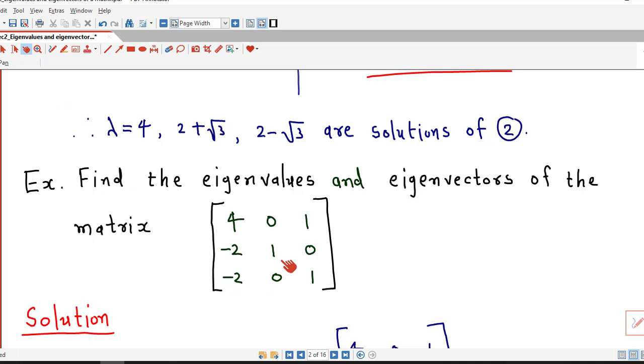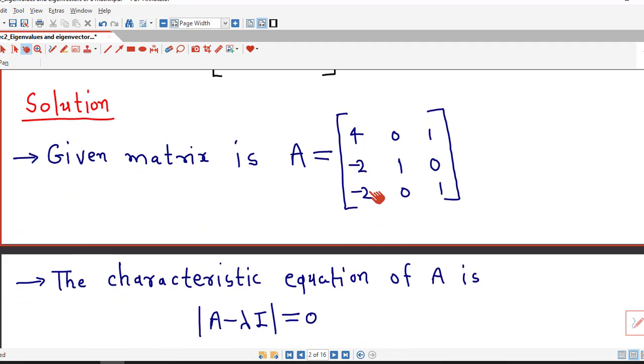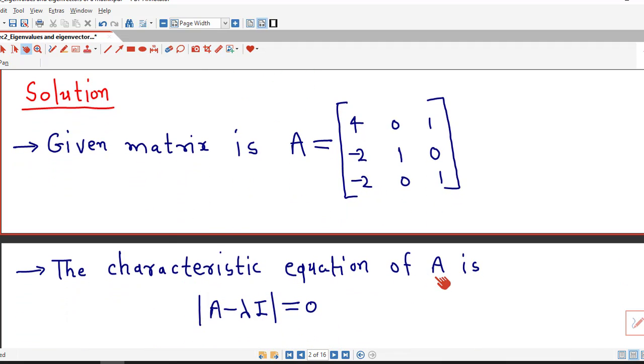So the first step is to write down the characteristic equation. We denote the given matrix by capital A, and as we know, the characteristic equation of A is determinant of A minus lambda I equal to 0, where this capital I is an identity matrix of order 3 because the given matrix is of order 3.